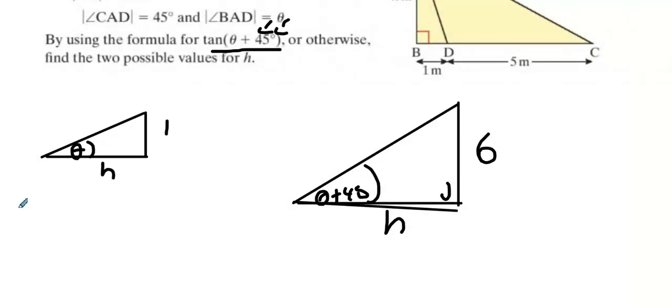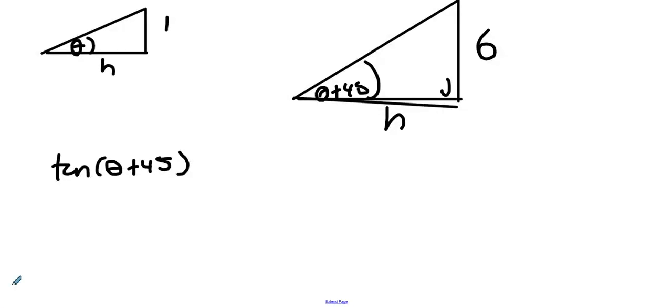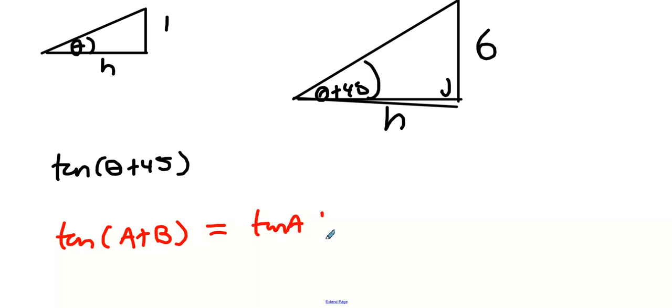Ready? By using the formula tan theta plus 45. What is tan theta plus 45? I'm in the double angle formula chapter, aren't I? The whole basis of this chapter is using these formulas here. So what's tan A plus tan B over 1 minus tan A tan B?